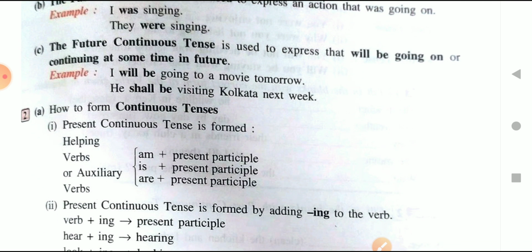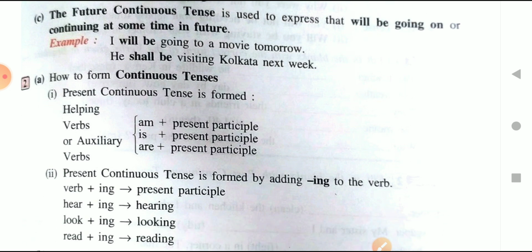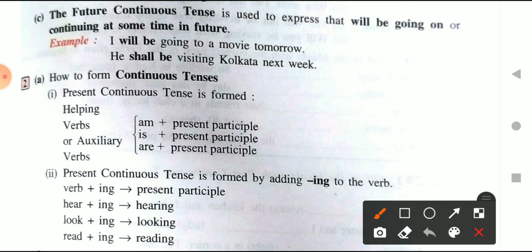Now let's see how to form continuous tense. Basically, present continuous tense is formed with the help of helping verbs or auxiliary verbs. Auxiliary and helping verbs here mean: is, am, are. These are helping verbs.